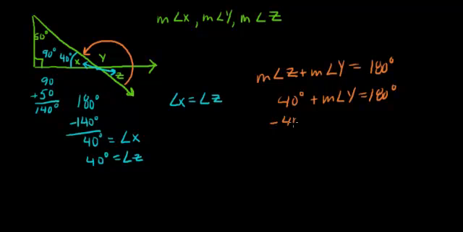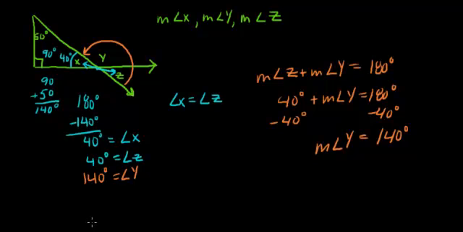If I subtract 40 now, the measurement of angle Y has to equal 140 degrees. So I can come over here and say angle Y is a 140 degree angle. And so that's one way that we can apply some of the rules that we just got done looking at.